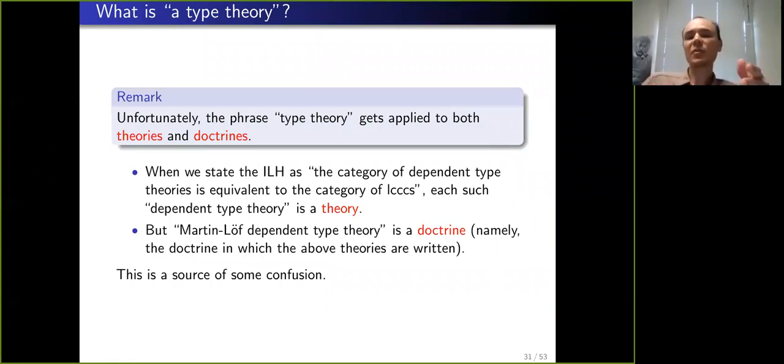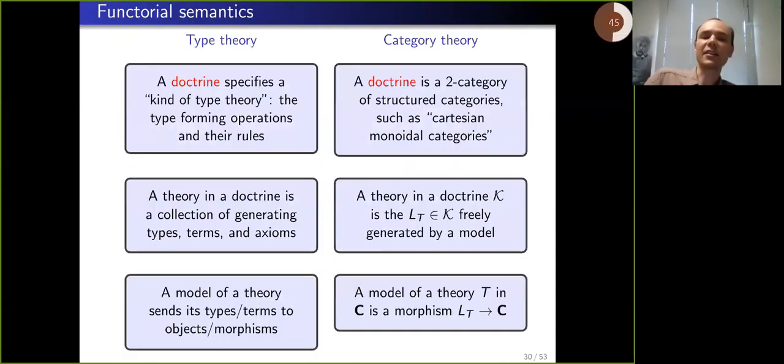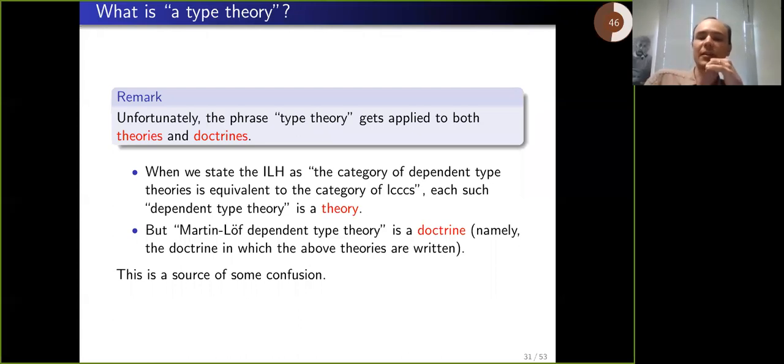So sometimes when people state the internal language hypothesis as saying the category of dependent type theories is equivalent to the category of locally Cartesian closed categories or locally cartesian closed infinity-categories or whatever, then when they say dependent type theories, they mean that each theory is a theory in the sense of this slide. It's a collection of generating types, terms, and axioms, or it's the category of that sort, which is generated by that model.